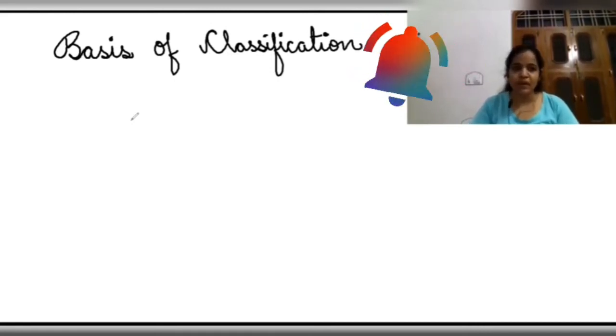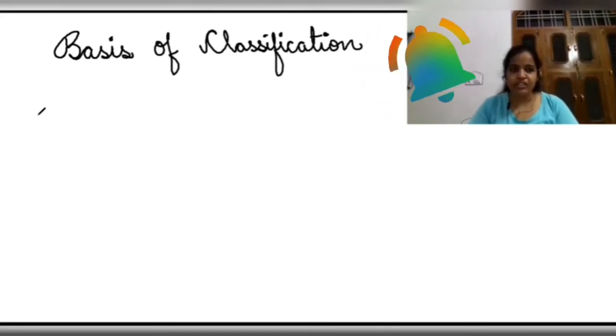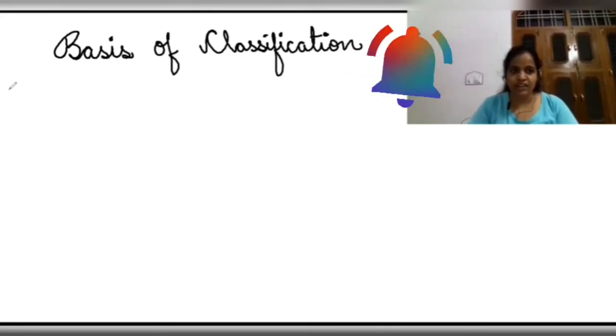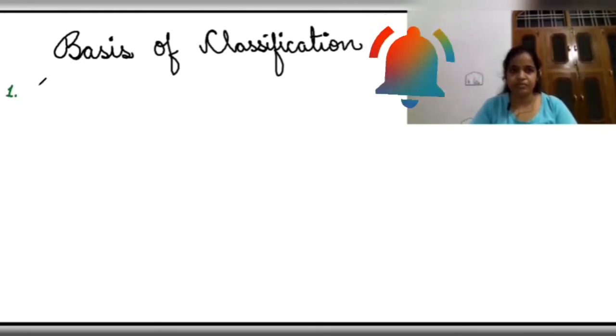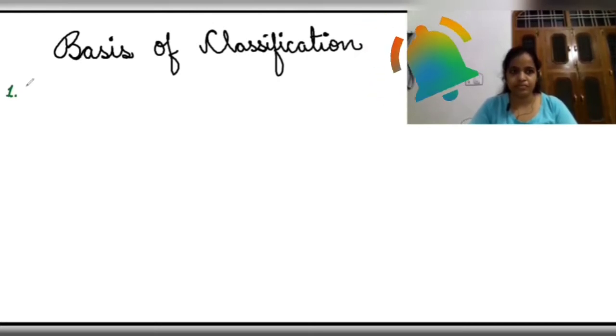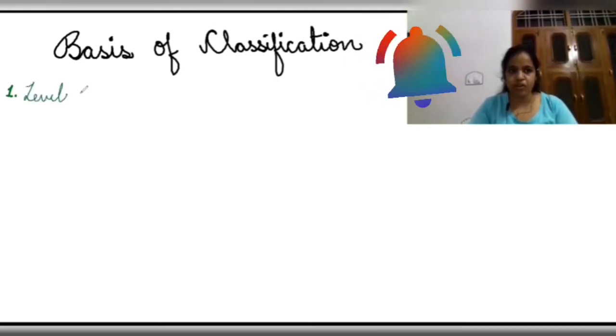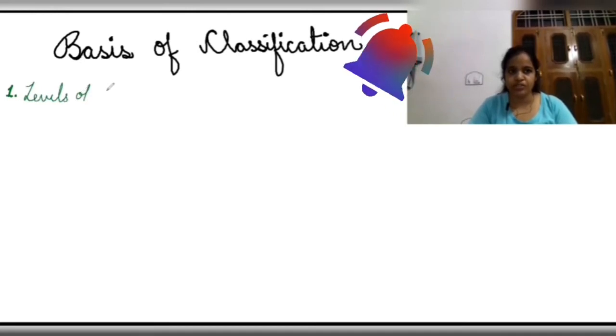So the first one we have got is levels of organization. Number one is levels of organization.